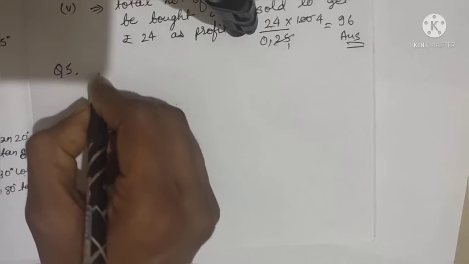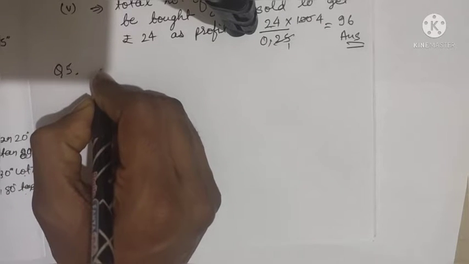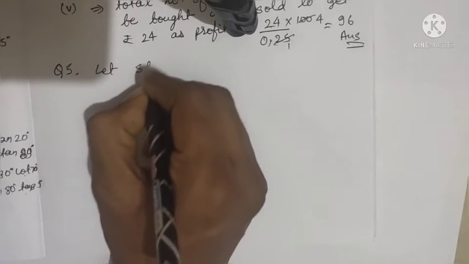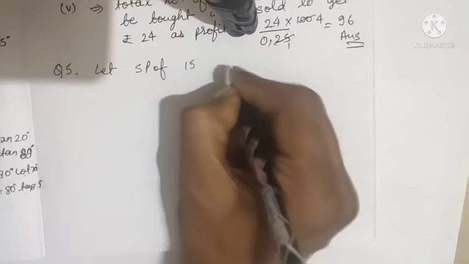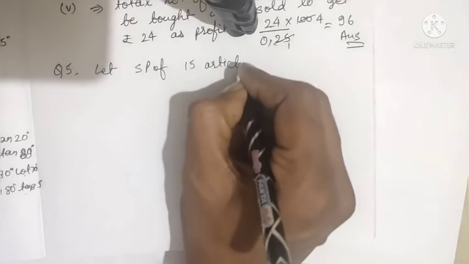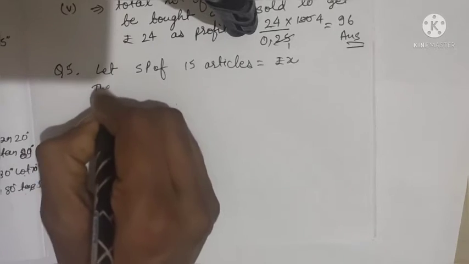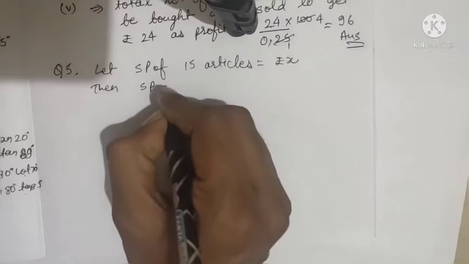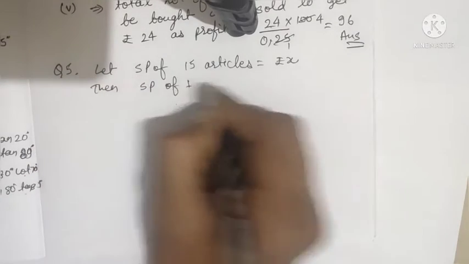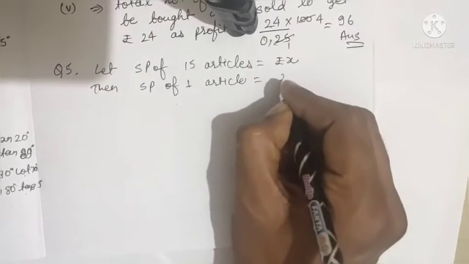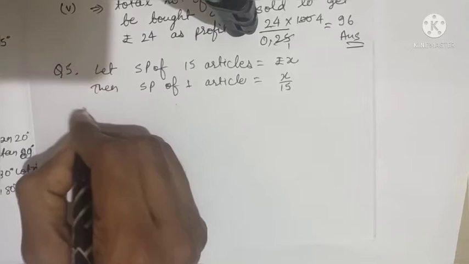Question number 5: selling price of 15 articles is equal to the cost price of 12 articles. So let us consider that selling price of 15 articles is X. Let SP of 15 articles be rupees X. Then SP of 1 article will be equal to X by 15.